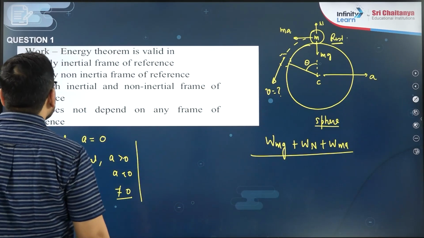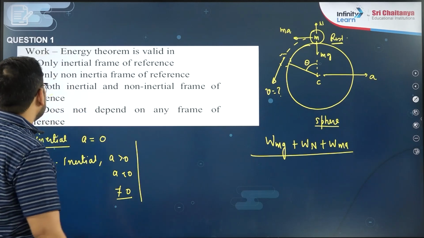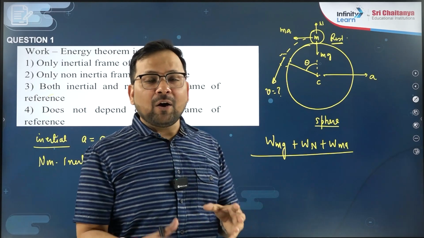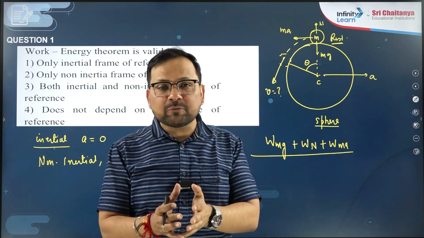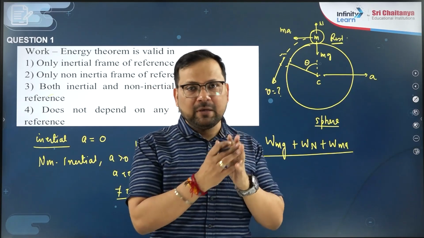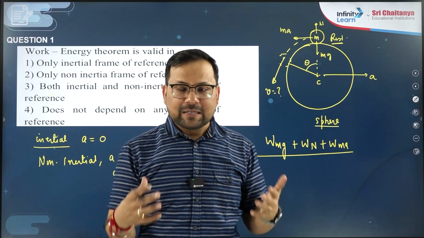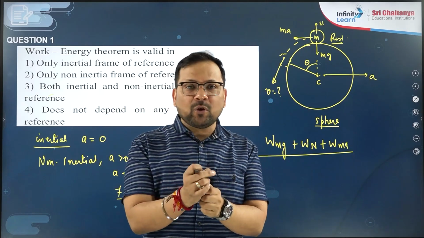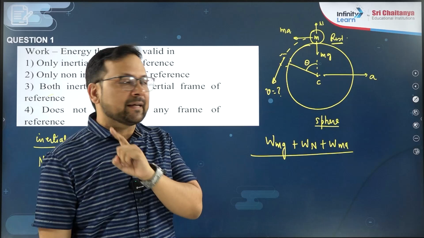So it means both inertial and non-inertial frames of reference, third should be the answer. Understood? How beautiful is the concept? You don't even have to bother about the reference frame. Use it everywhere, inertial, non-inertial, just put all the forces on the body. Work done by all the forces is the change in kinetic energy.